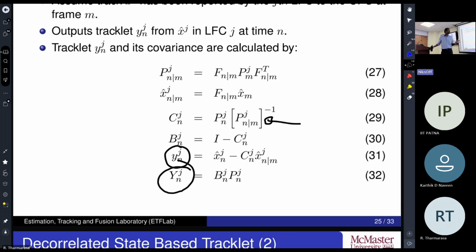Similar to that, in the tracklet approach, even though it can work, I found that in some cases I get negative information. Negative information was the problem. Negative information means there are mismatches, right?